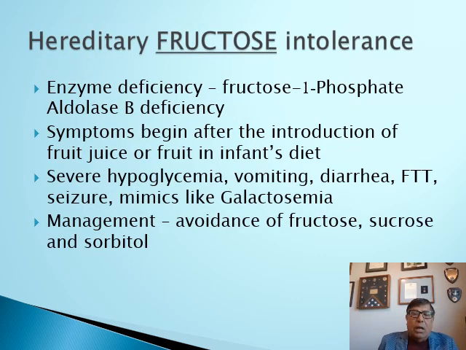And this is another one called hereditary fructose intolerance. The enzyme deficiency here is fructose 1-phosphate aldolase B deficiency, and classically the symptoms will start after introducing fruit juice or applesauce, bananas, all this food that you introduce, and that could be around 6 months onwards, about the time you introduce solid food.